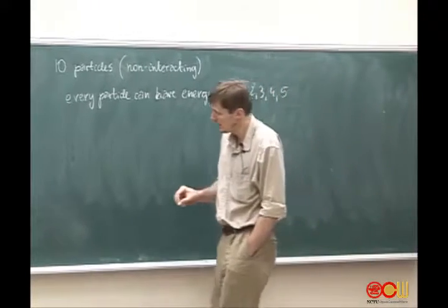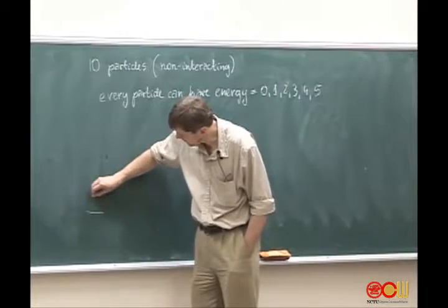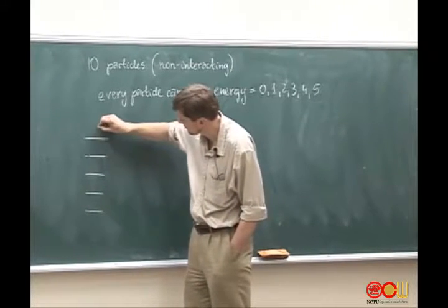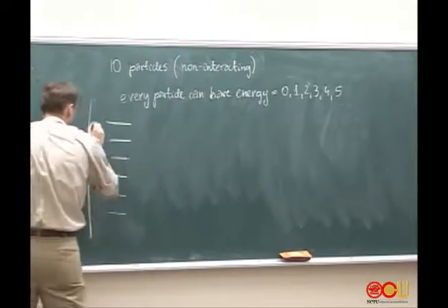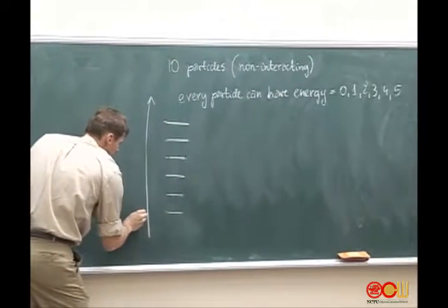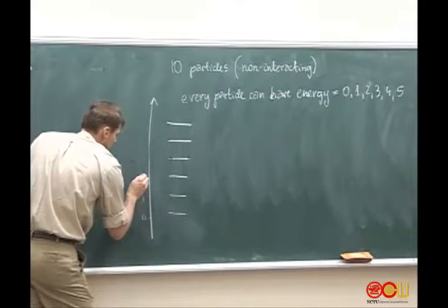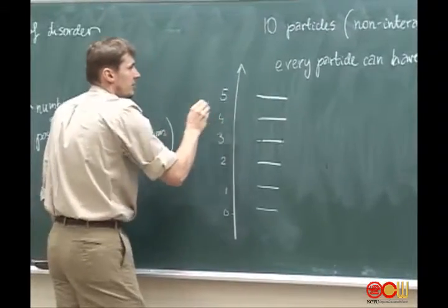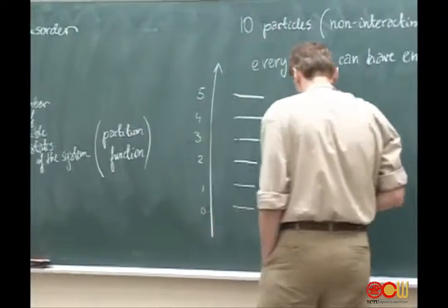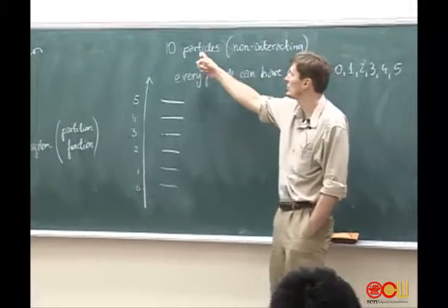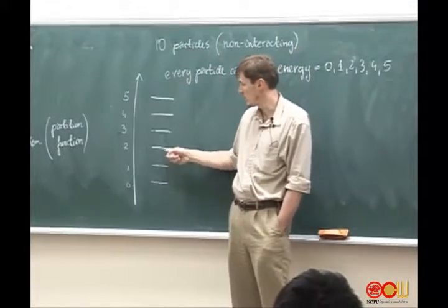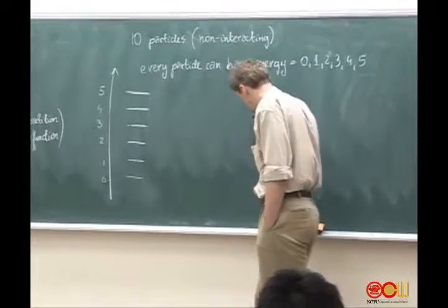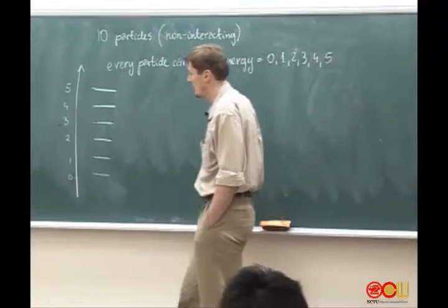What does it mean? It means that there are 6 different energy levels, with the energy equal 0, 1, 2, 3, 4, and 5. So now every one of these 10 particles can be here, here, here, here, here, or here, in one of these levels.